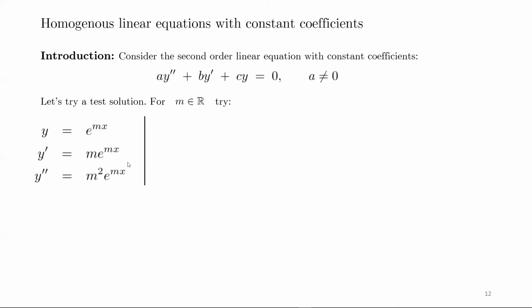Now let's use these three relations in this second order linear homogeneous ODE with constant coefficients. We substitute these functions into the ODE: a times y double prime plus b times y prime plus c times y equals 0.